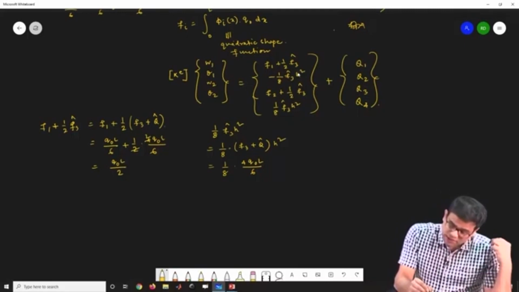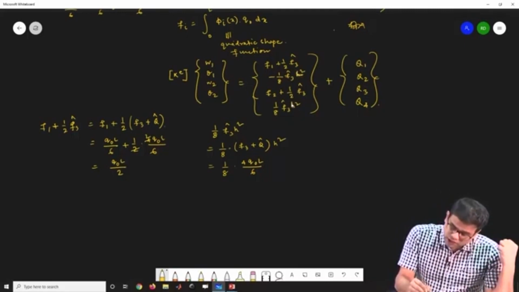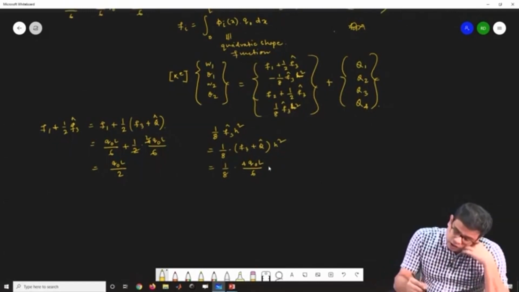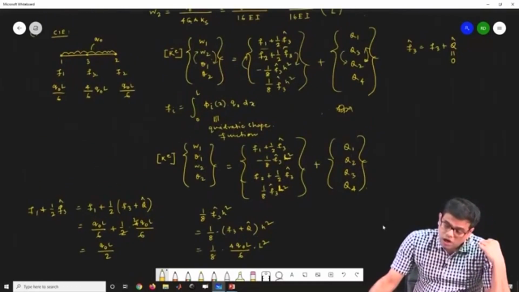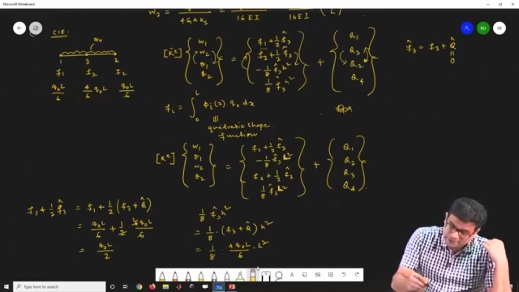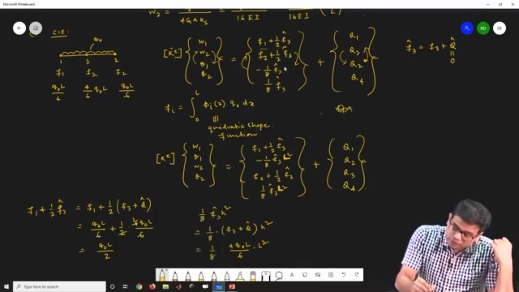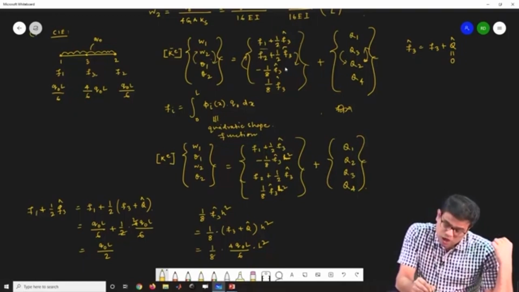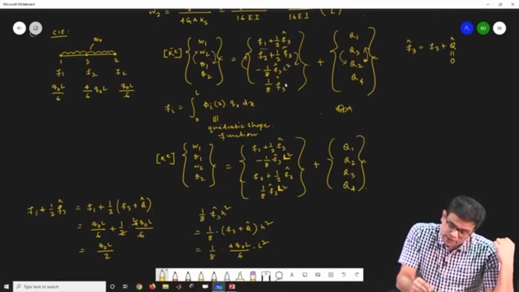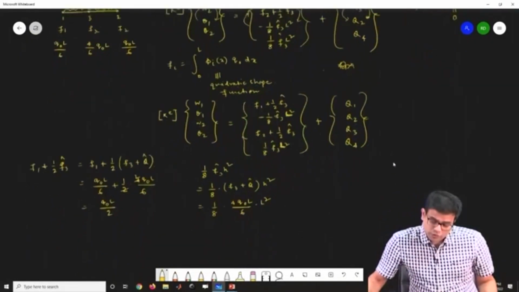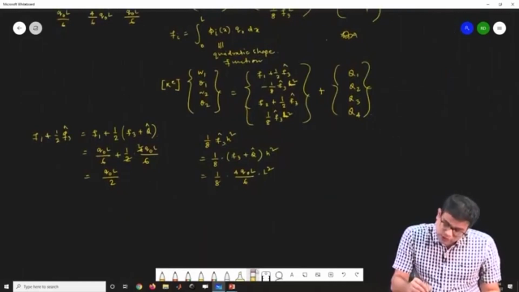This is not h, this is L squared, so we are denoting length as L. I have represented it in terms of h because I have taken it from Professor Reddy's book. So this is L squared, this is L squared.